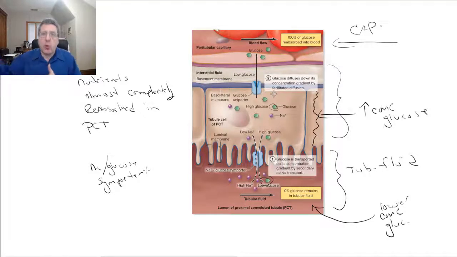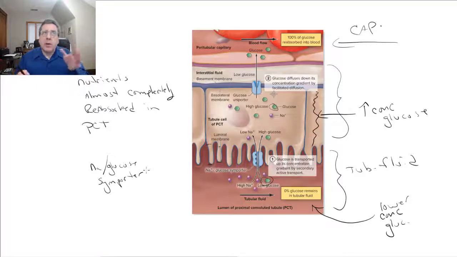So sodium is going to be moving down its concentration gradient, going from tubular fluid into that cell, okay? So now how does this affect glucose? Well, it's a symporter. So as sodium moves down its concentration gradient, that kinetic energy, that movement of sodium, carries with it a glucose molecule.